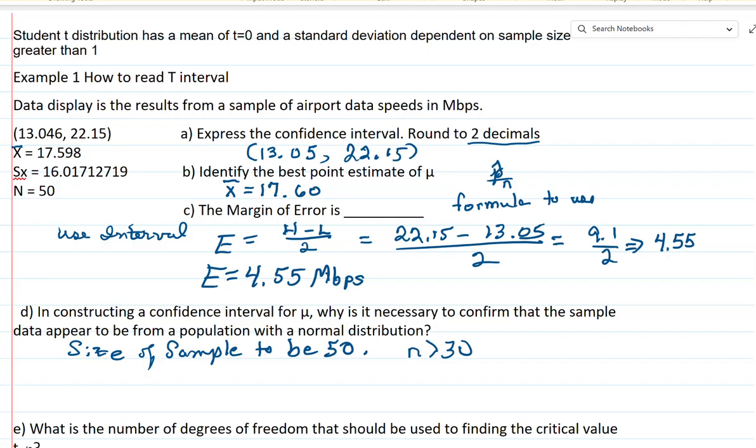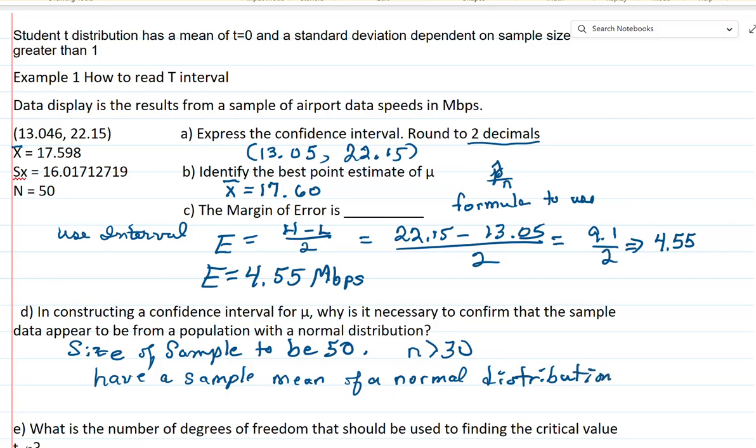All right. Then we have a sample mean of a normal distribution because of the size of the data set. Remember the requirement that they be random and that they be either normally distributed by statement or n is greater than 30.